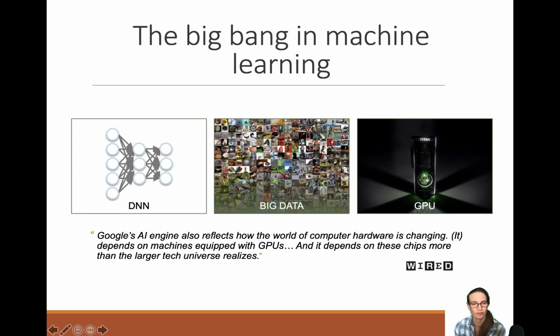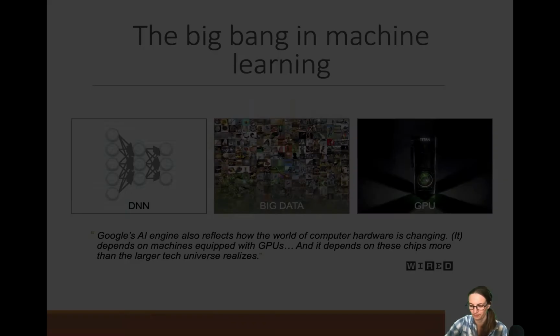Okay. Then thirdly, we have some very important evolutions in the field of deep neural networks, most importantly CNNs, which came about ten-ish years ago. And so this empowers us to do something with this big data on these powerful GPUs.